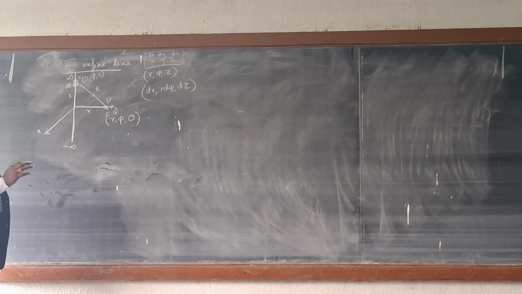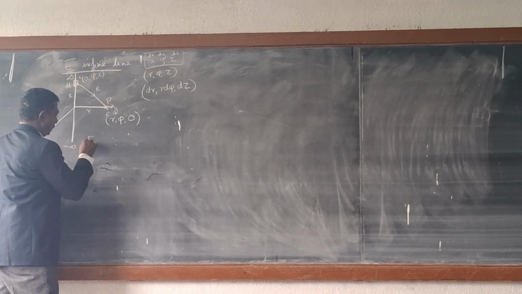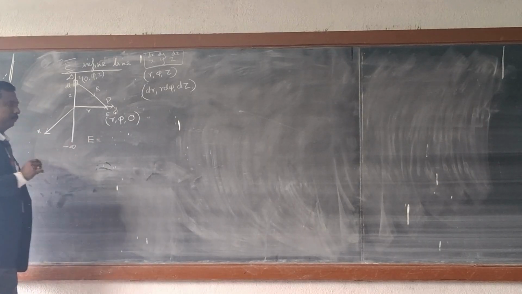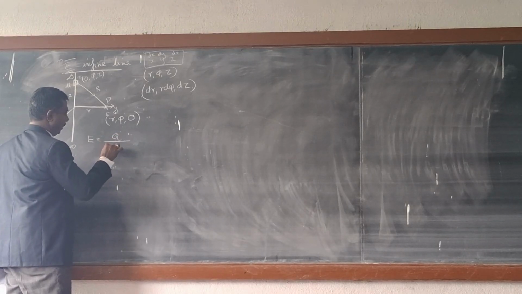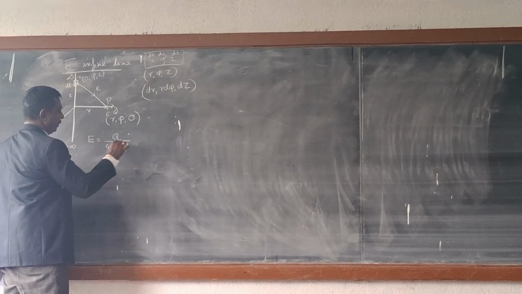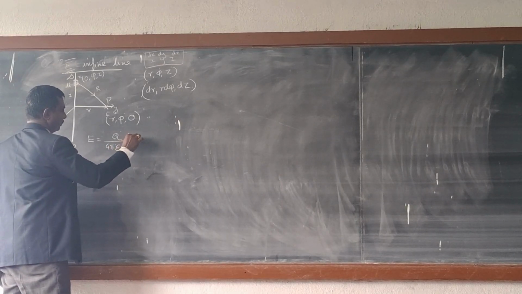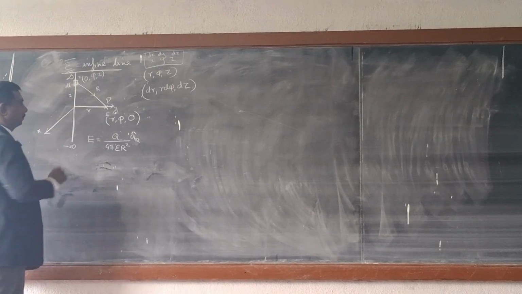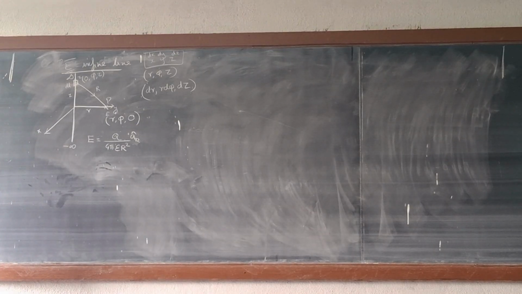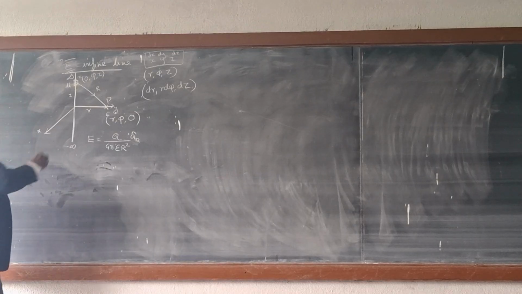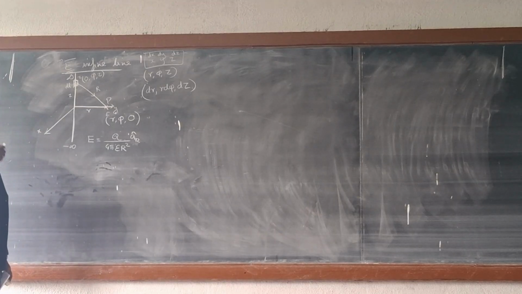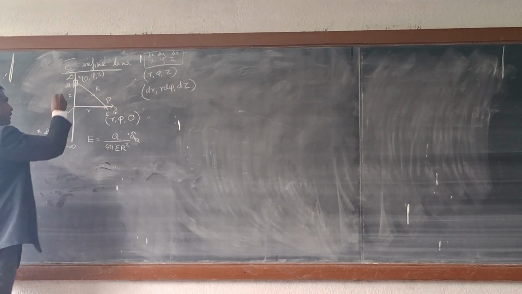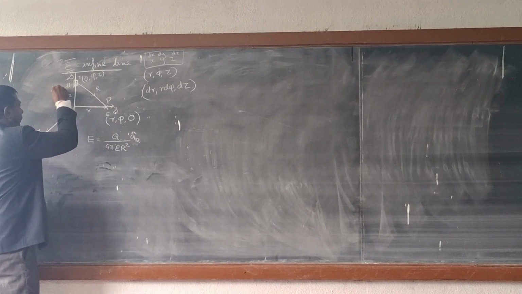Okay. Right. Let us write the equation E equal to, we know the equation, Q by 4 pi epsilon R square AR cap. Right. Since I am using only a differential length, the charge which is present in the differential length is dq, right? dq.